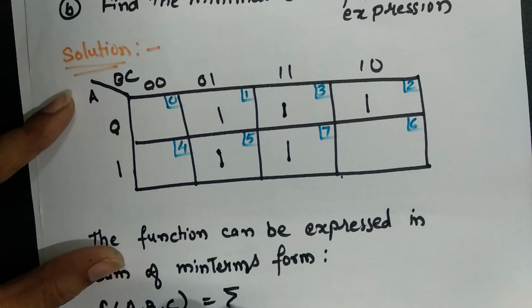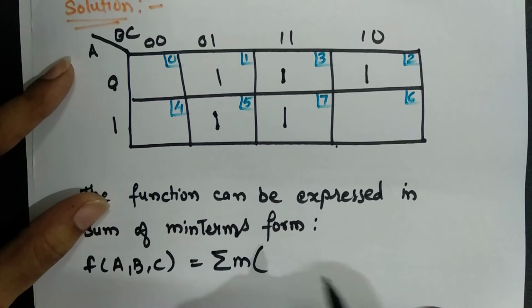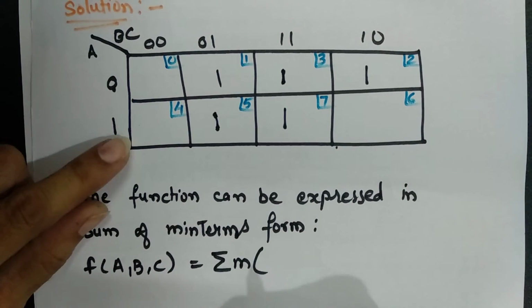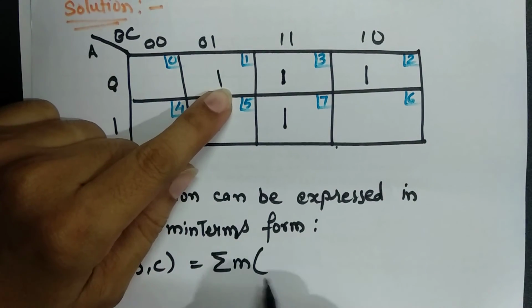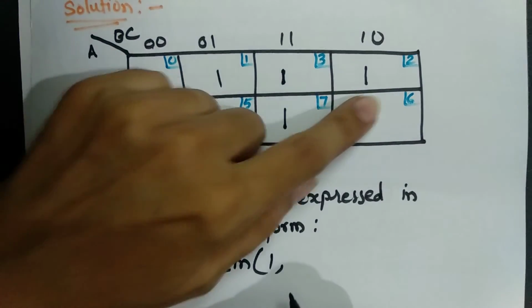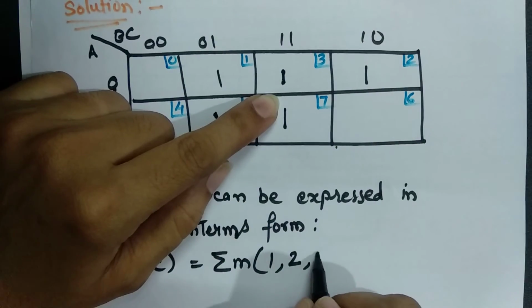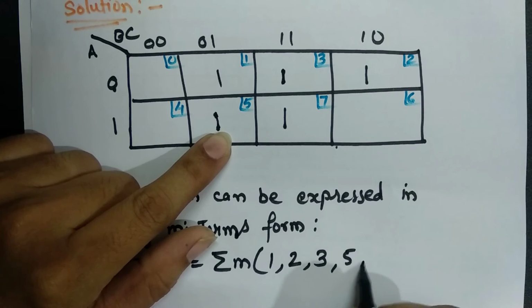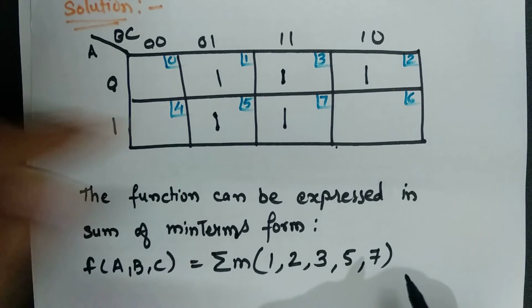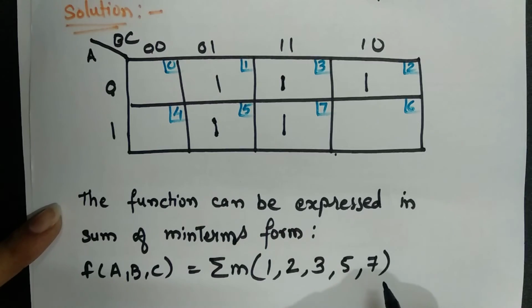So this will be summation of small m. And our min terms we have to write, means where there is 1 we have to write that number. So it is 1, 2, 3, 5 and 7. So this is our first point, the answer of our first point.